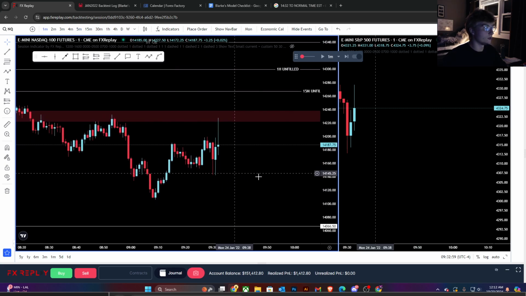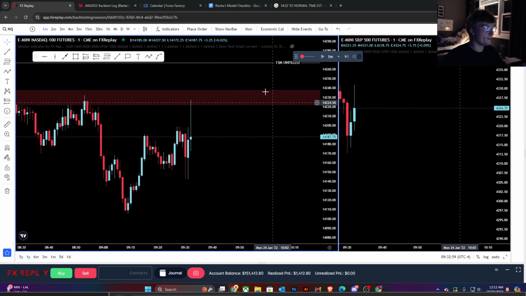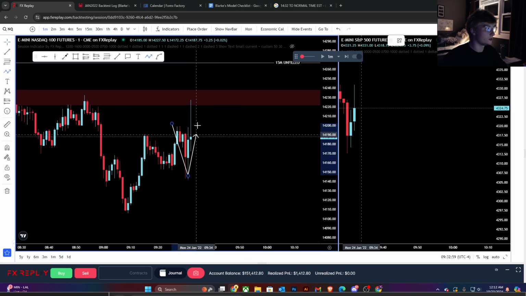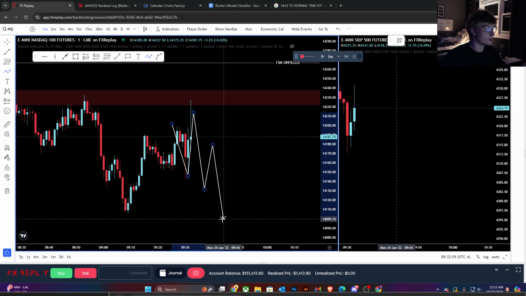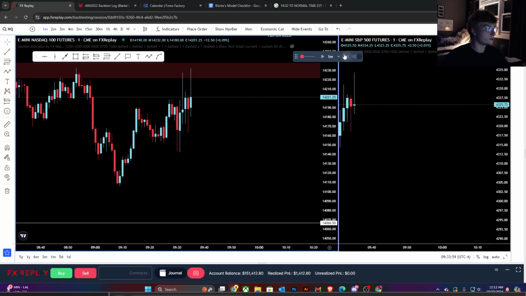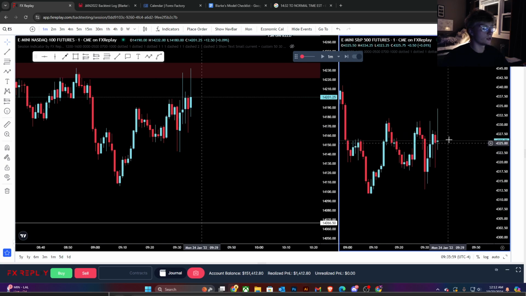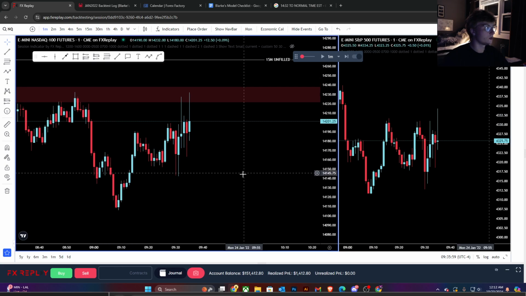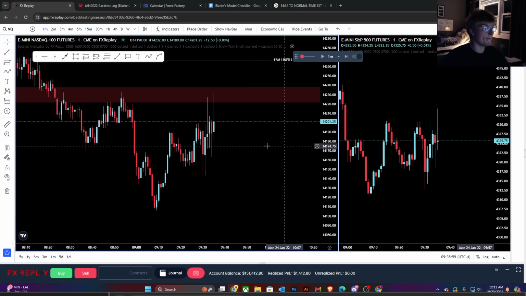But yeah, let's see what we do here. High, low, higher high. Anticipating bearish breaker as well. Let's see what we do. SMT there.